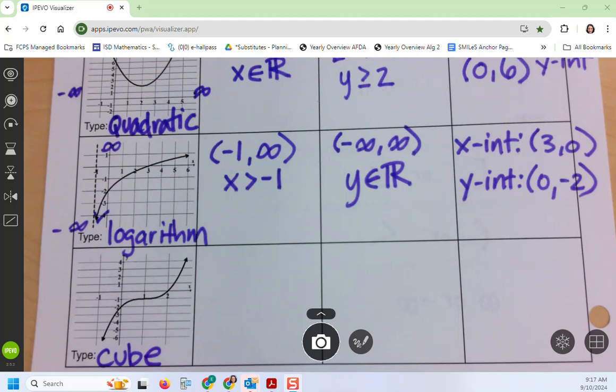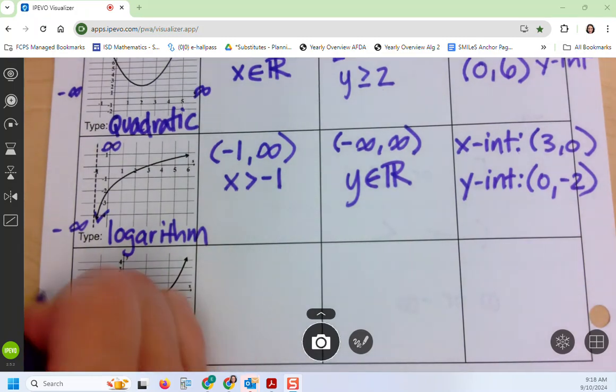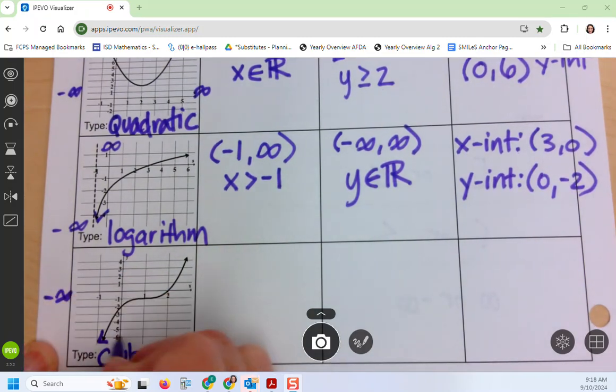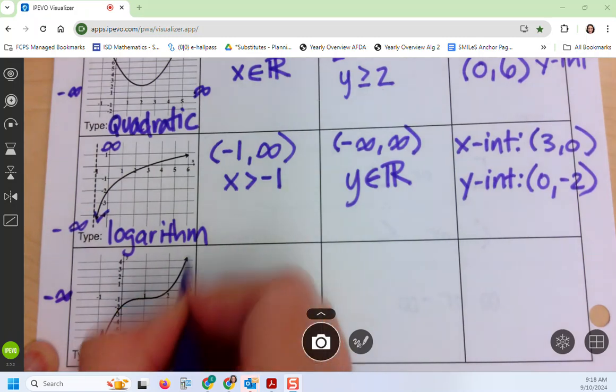Anybody think you have the domain? Starts on the left with an arrow. It ends on the right with an arrow. So it's going to be -infinity to what? Infinity. Good. So this arrow is going left and it's going down. This arrow is going right and it's going up.